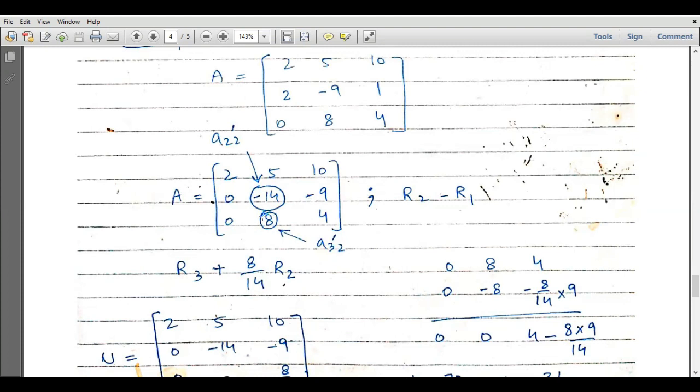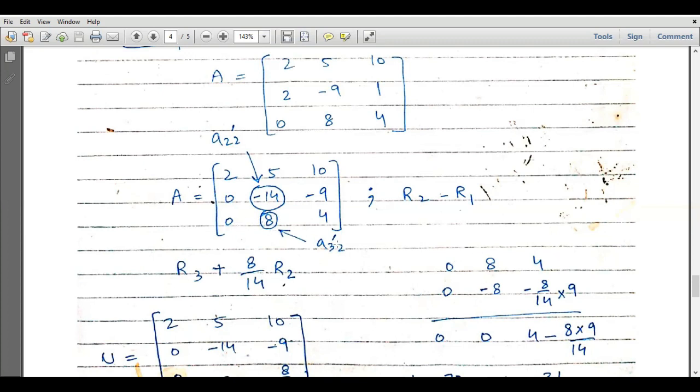This will be achieved by multiplying the second row with 8 by 14, right? Multiply the second row with 8 by 14 so that this entry becomes equal to 8, right? So it will be minus 8, and then we will add the third row in this new second row, and that will make this entry equal to 0.